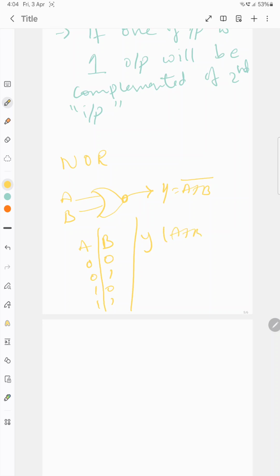So A plus B whole bar. 0 plus 0 is 0, 0 bar will be 1. 0 plus 1 is 1, 1 bar will be 0. 1 plus 0 is 1, 1 bar will be 0. 1 plus 1 is 1, so the output is 0. This is quite opposite to OR gate, OR gate whole bar. Okay.